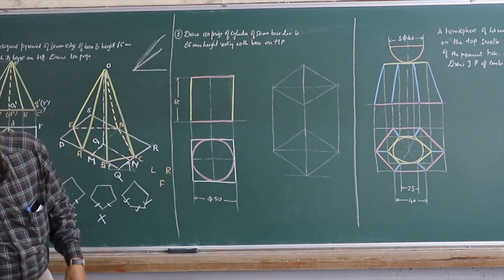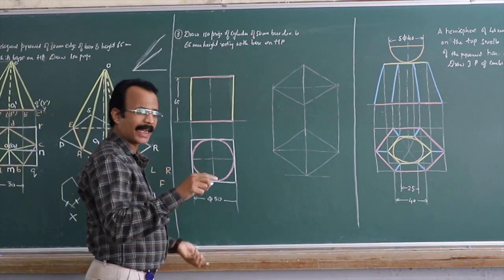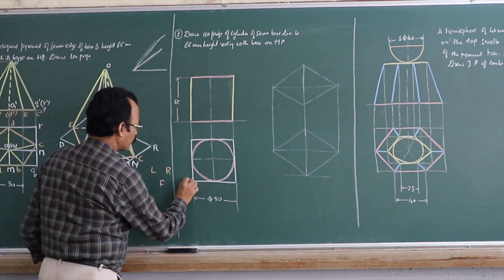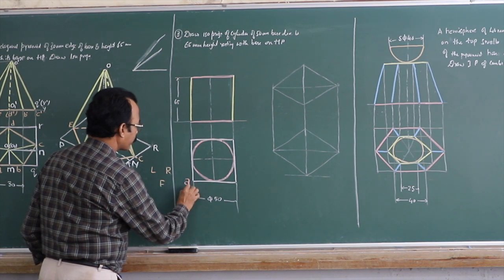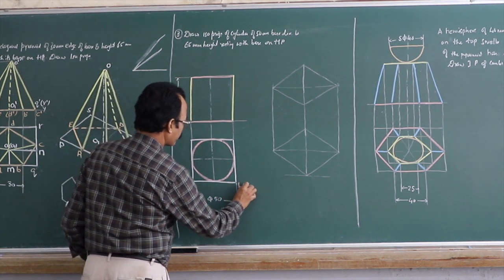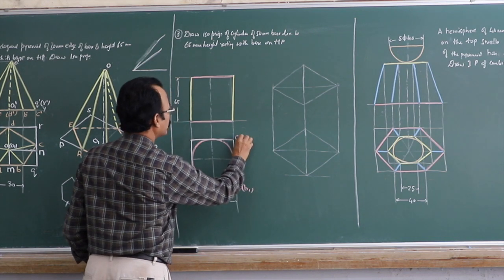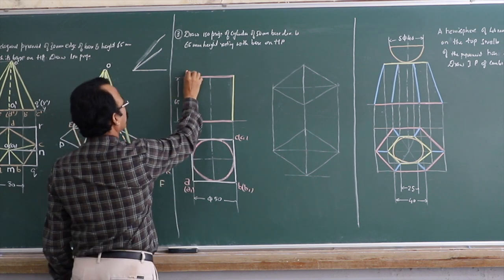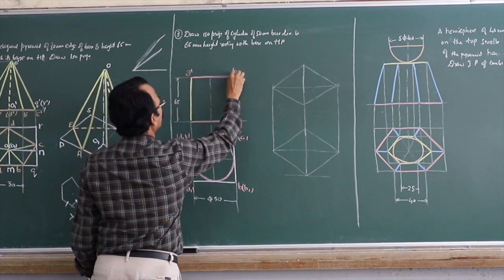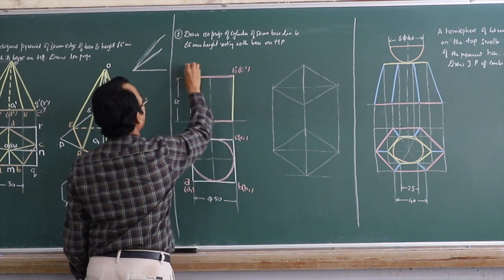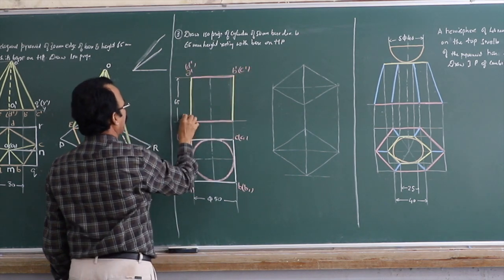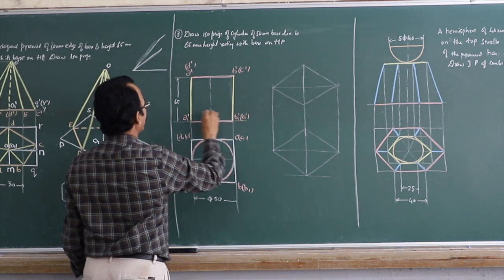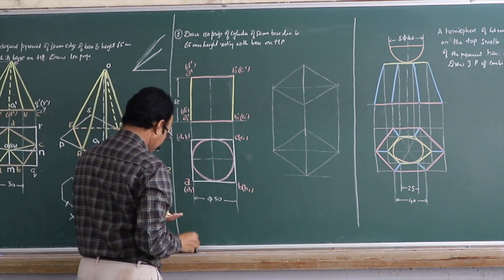So I will name the points as same as we have done in your circular lamina there. So this I will call it as A1, B1, C1, D and D1, and in front view A dash visible, B visible, C hidden, D is hidden, and when you take the base A1 visible, B1 visible, C1 hidden, D1 is hidden there.